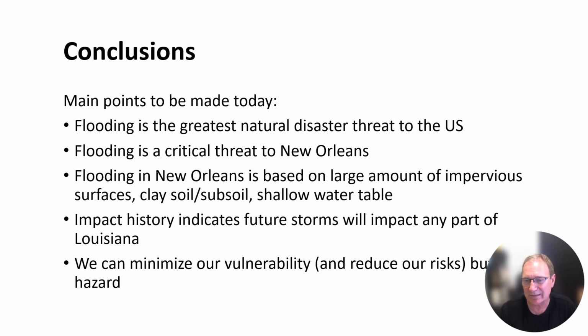Flooding, though, is a constant, clear and present danger that does exist here in New Orleans and other parts of the country. And again, the three elements that come together: the amount of impervious surfaces, the type of clay and soil composition, and the shallow water table.